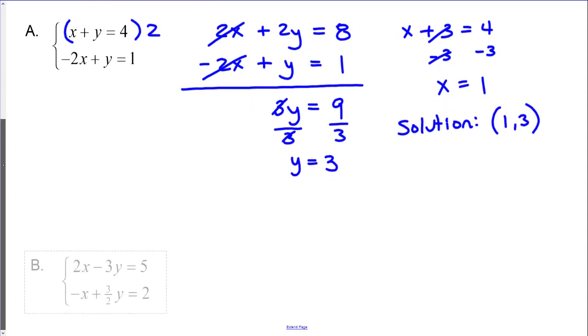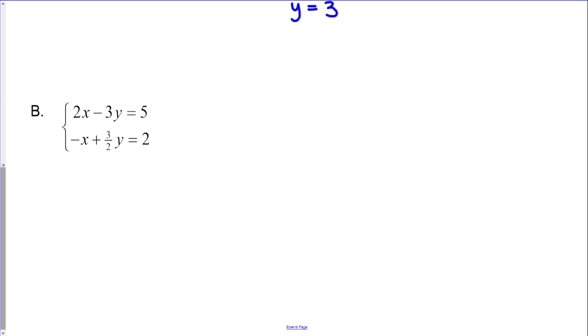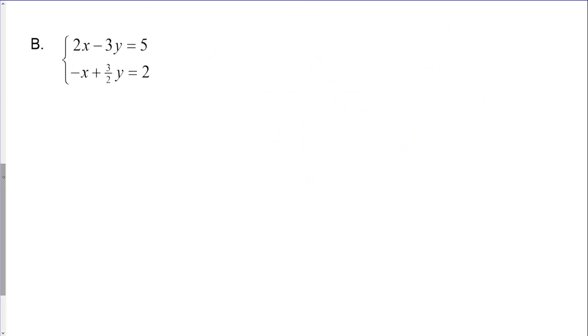Let's try one more example. So we did this example with the substitution method and discovered that there was no solution. Let's see what that looks like when we use elimination. So I think what I'll do is multiply the bottom equation by 2. So the top equation stays the same. 2x minus 3y equals 5.